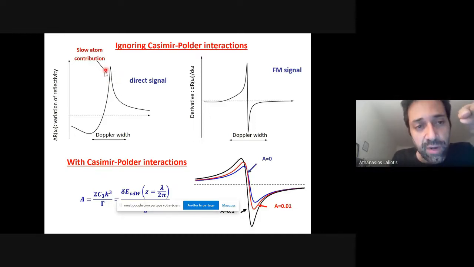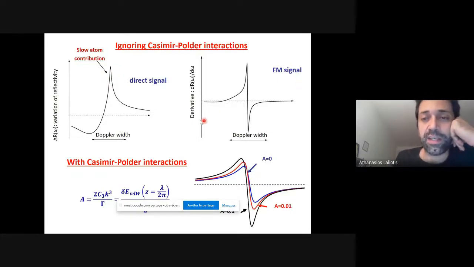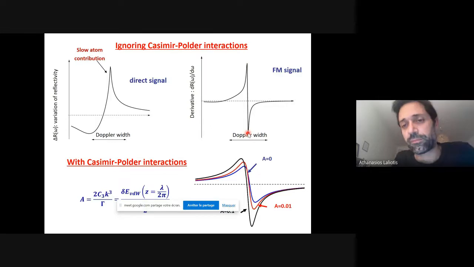Actually, this is a relatively small signal, but if you take the derivative of it by doing an FM technique, this will give you a dispersive Lorentzian profile that is sub-Doppler and kills the Doppler profile, and therefore gives you a nice sub-Doppler signal.